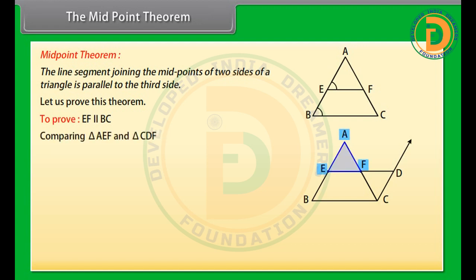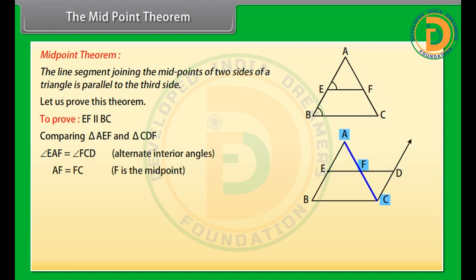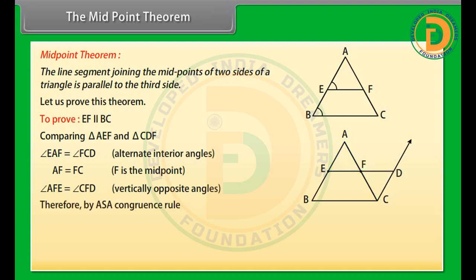Comparing triangle AEF and triangle CDF, angle EAF is equal to angle FCD because these are alternate interior angles. AF is equal to FC because F is the midpoint, and angle AFE is equal to angle CFD because these are vertically opposite angles. Therefore, by ASA congruence rule, triangle AEF is congruent to triangle CDF.